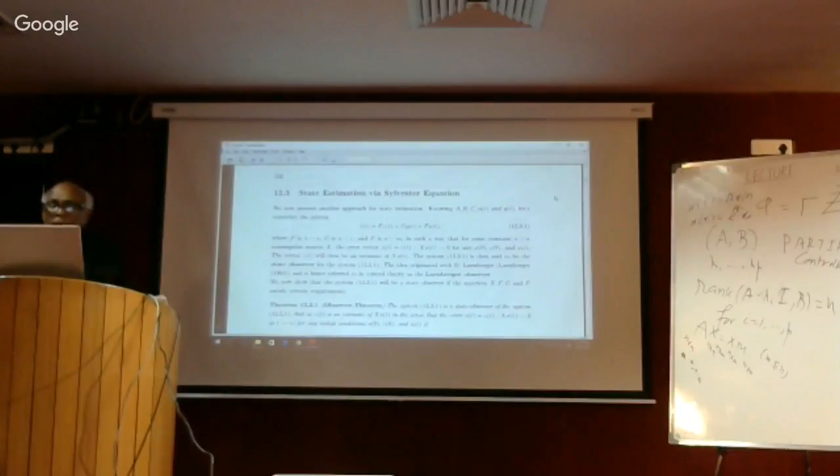Starting from A, B, C and u(t), y(t), which are known to us, we construct a differential equation. We construct a system with the state called z(t) in this way.